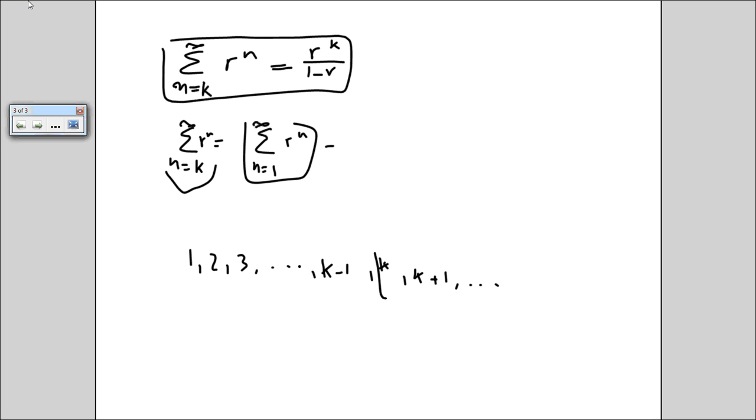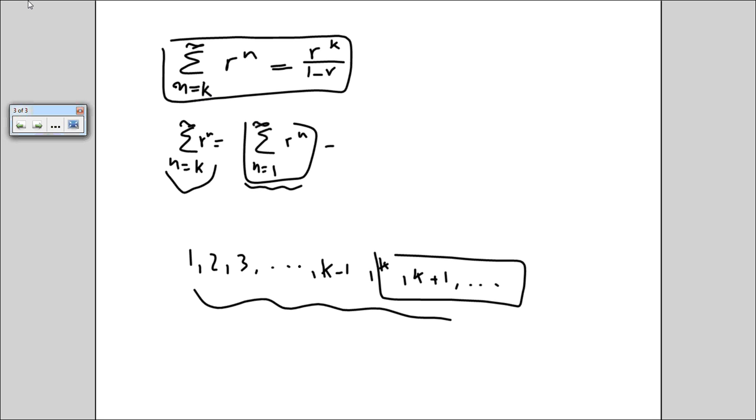I only want those. But right now, what I wrote down is everything. So I need to take away the summation as n goes from 1 to k minus 1 of r to the n.